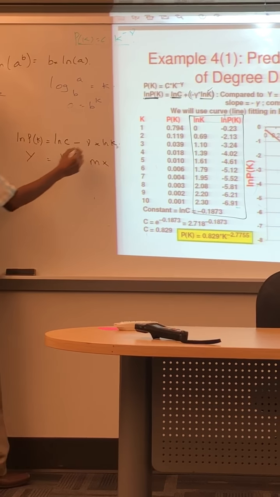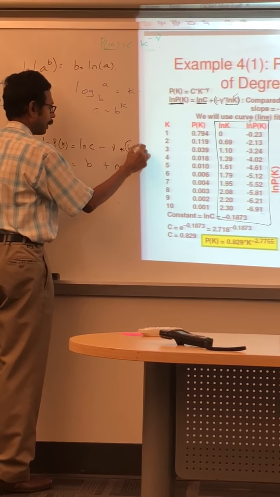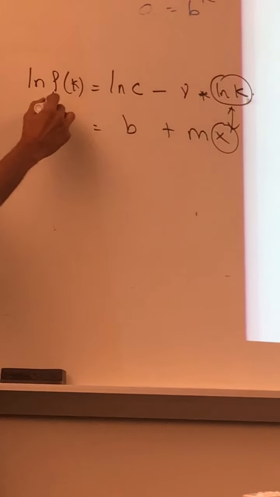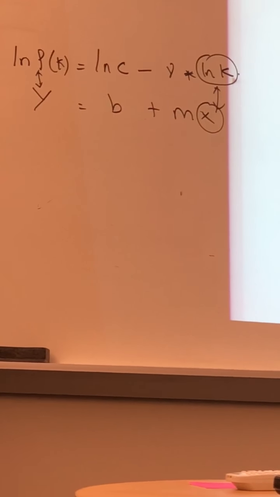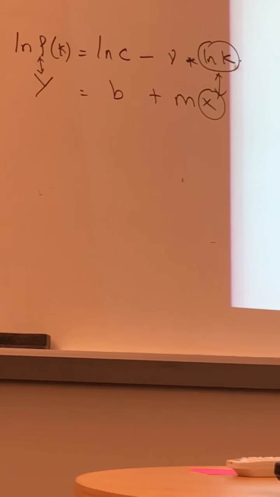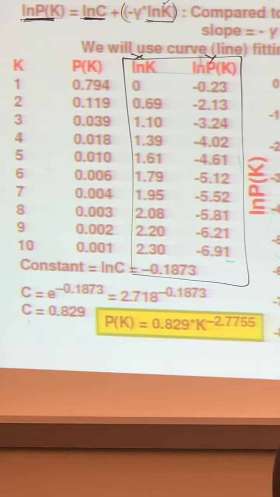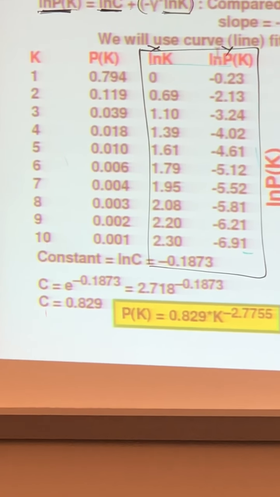Your X is going to be log K, and your Y is log P of K. Be careful that you choose which one is what. Then, using these as your X and Y, try to plot them.